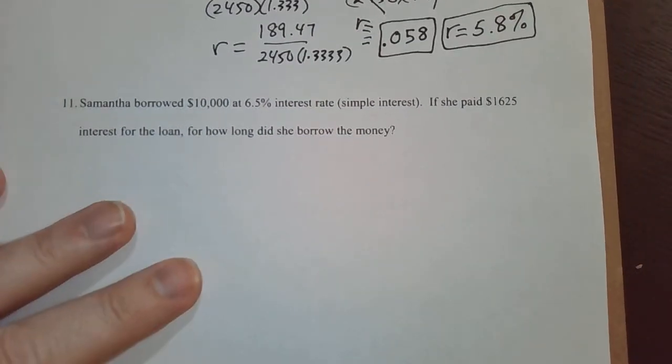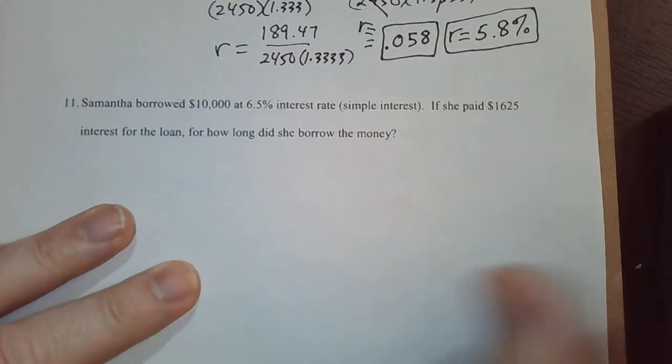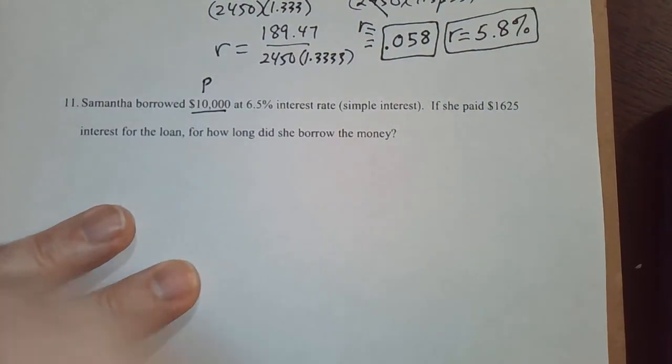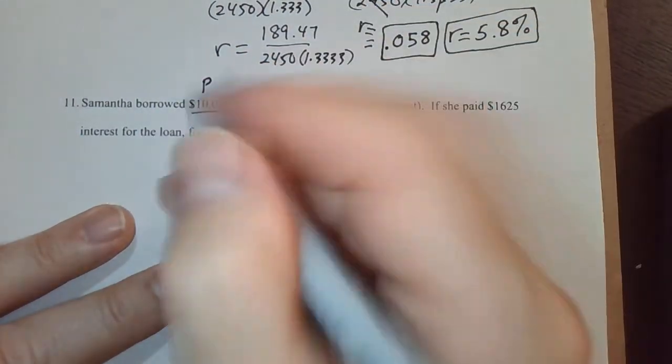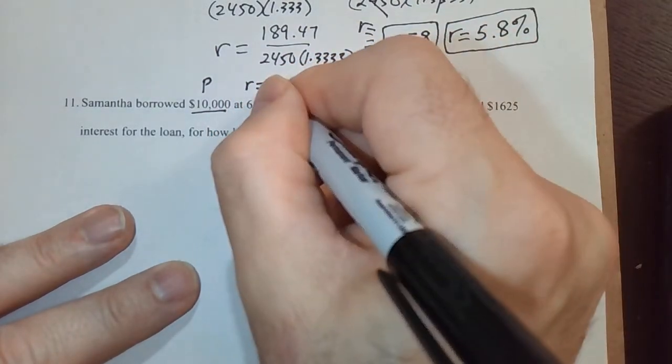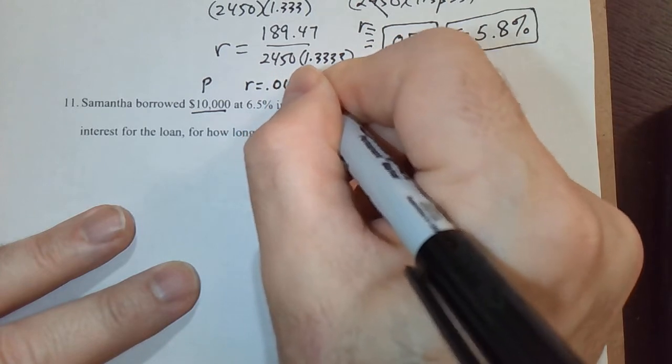Okay, last one. Samantha borrowed $10,000. That's the amount borrowed, the principal. At 6.5% interest, that's an annual interest rate, so little r is 0.065.